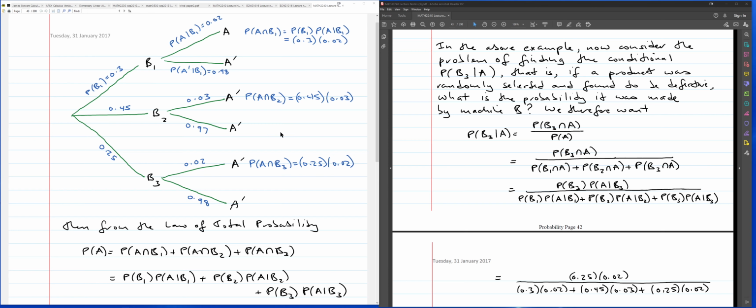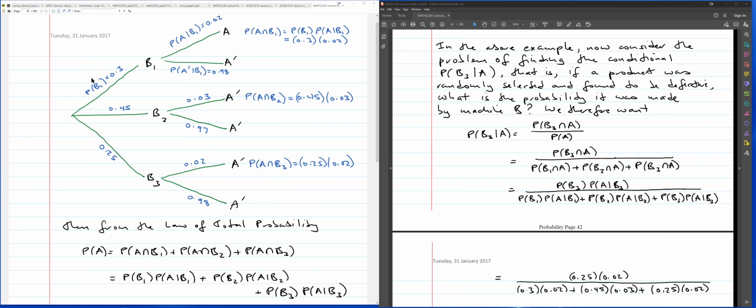Okay, so that's using this example over here, but we could look at it a little more formally. We want the conditional probability of B3 given that A has occurred, so the probability that given the product is defective, it was made by B3. First, you use your definition of conditional probability. Now the probability of A on the bottom, we already worked out from the law of total probability.